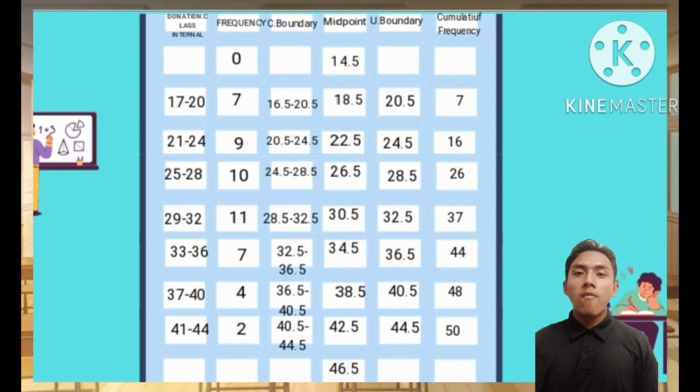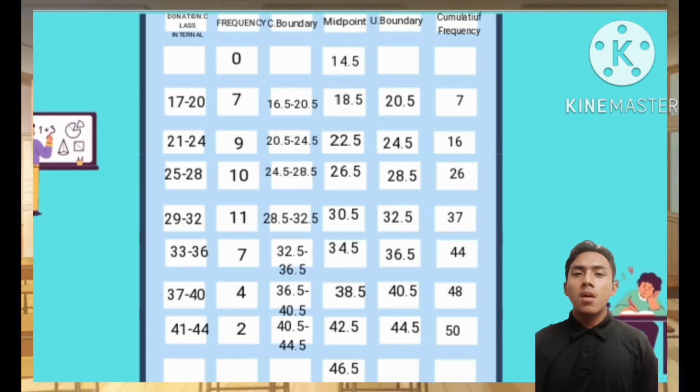The next thing to find is the upper boundary: just take the number on the right of the class interval and add 0.5, the same as the class boundary.